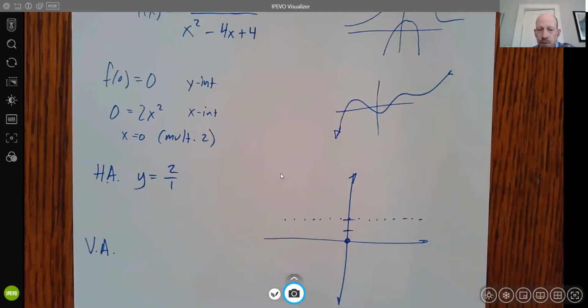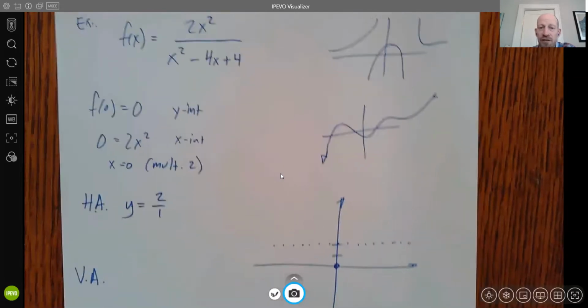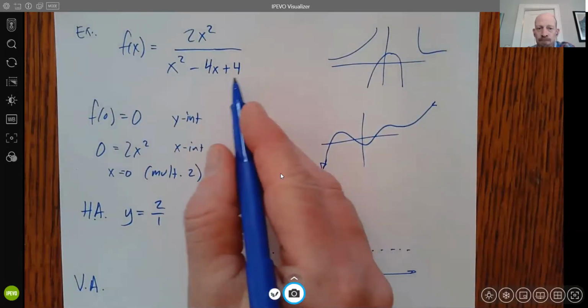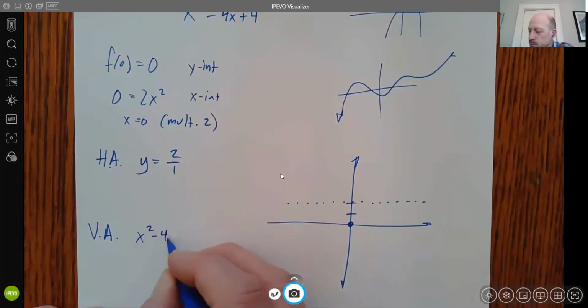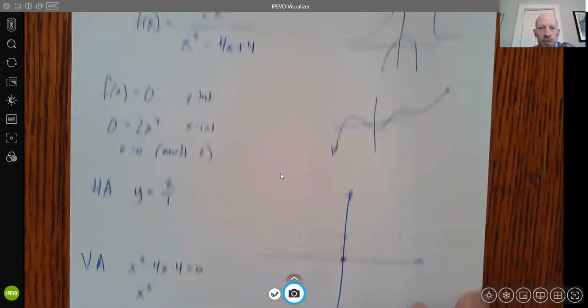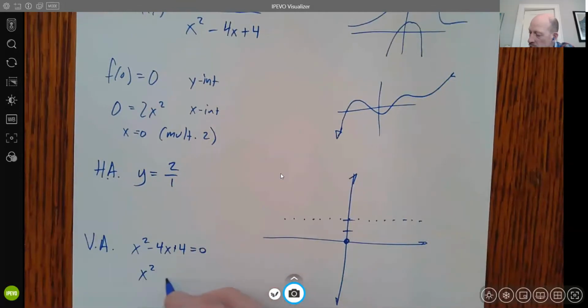Okay. And then finally, the vertical asymptote, which is from the denominator. Oops, is that plus 4? Yes, plus 4. So that is x minus 2 squared.